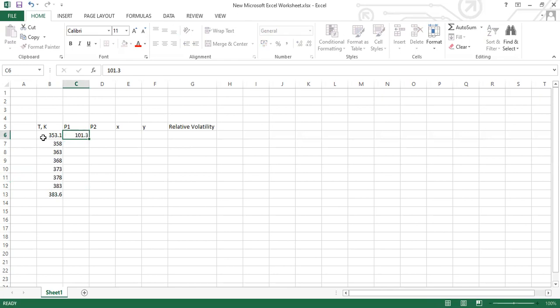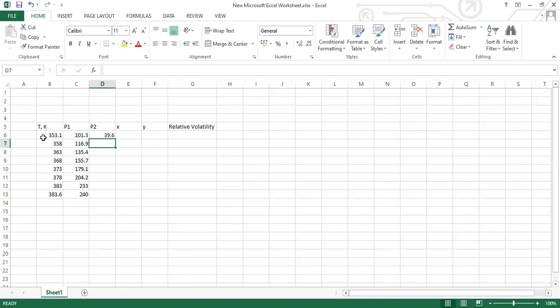Then P1 saturation: 101.3, 116.9, 135.4, 155.7, 179.1, 204.2, 233, 240.